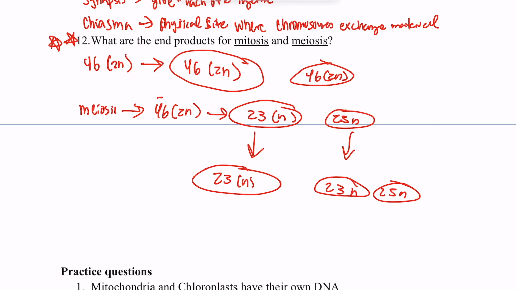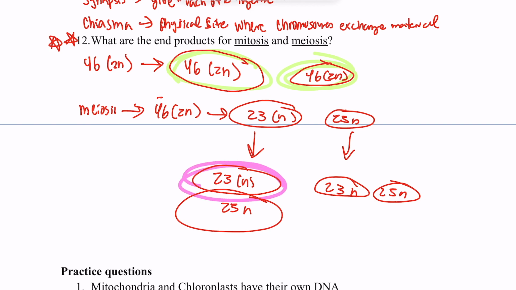I didn't give myself enough room. So I'll just highlight the end products because it's a little confusing. For mitosis, we're going to have two diploid cells. And for meiosis, we're going to have four unique haploid cells.